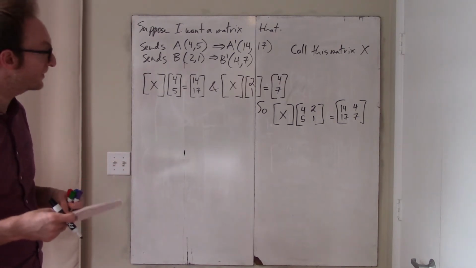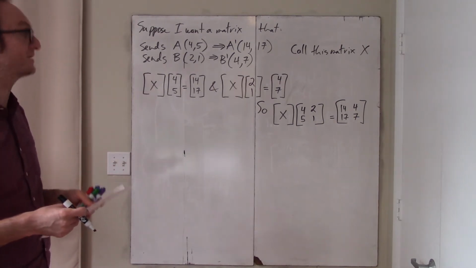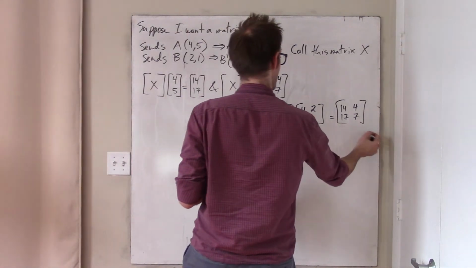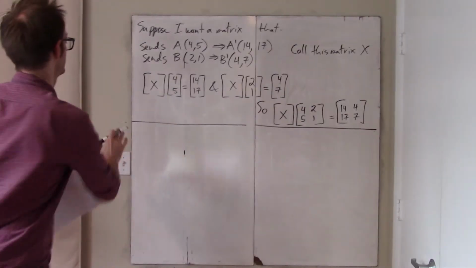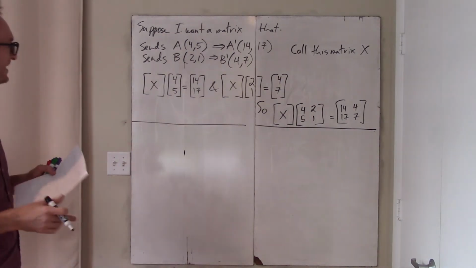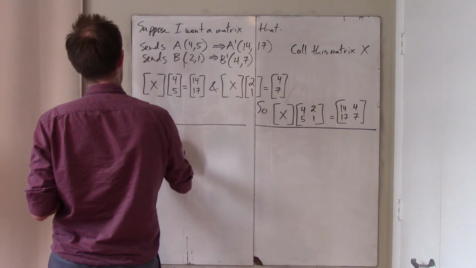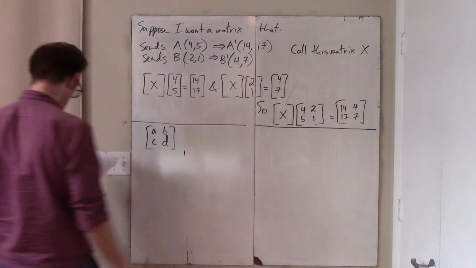Okay, well, you can think of this now as a matrix equation. I don't know what this matrix is, so I'm going to write it as A, B, C, D. This is my unknown matrix.